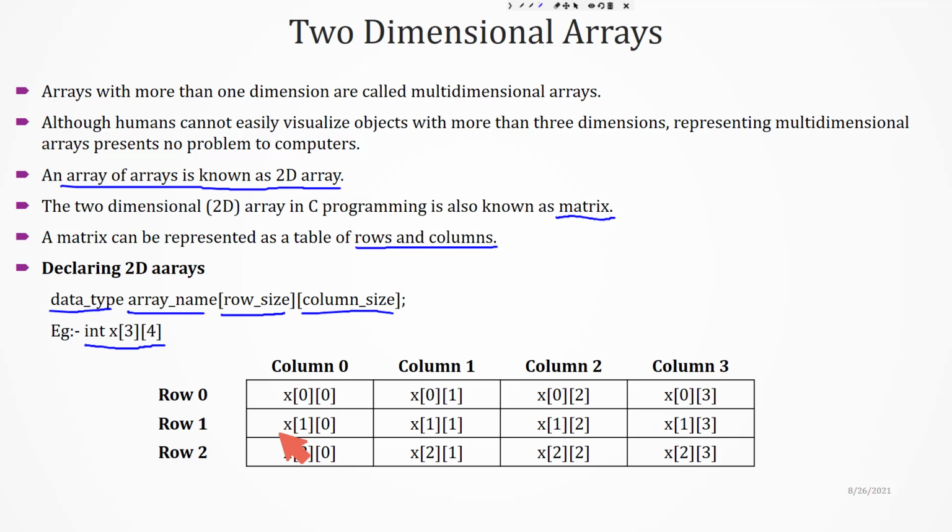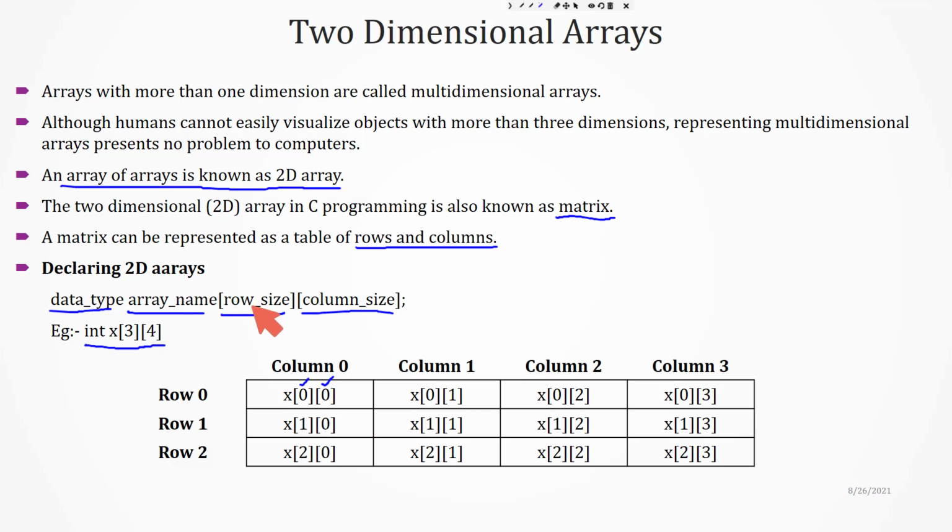Similar to the index position x of 0, here we have 2 index positions to denote row and column. The first index position denotes the row and the second index position denotes the column. Similarly here also the index value starts from 0.